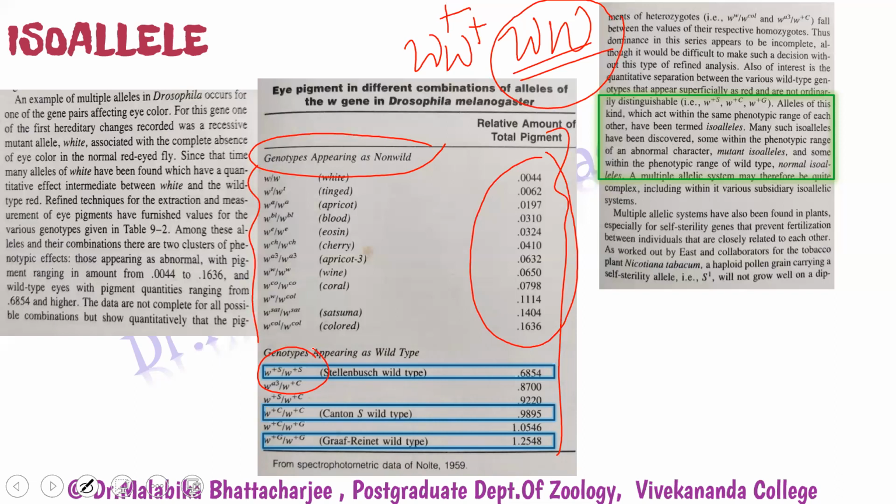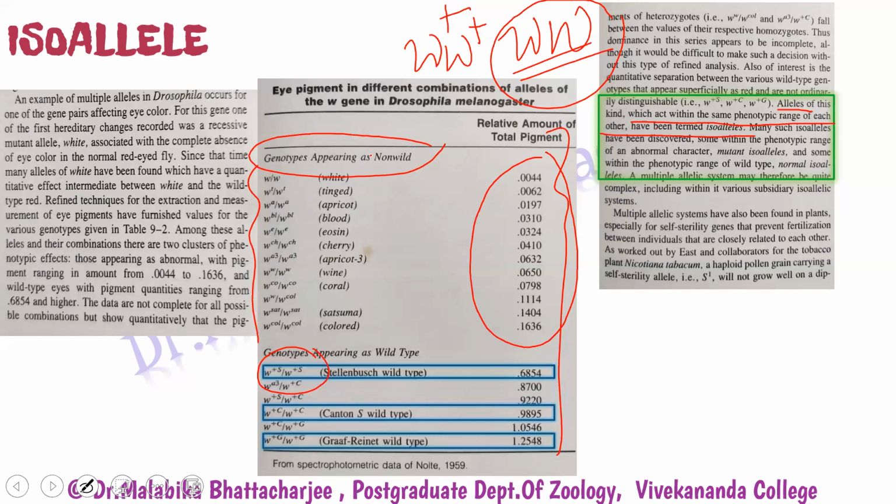So this is important. The alleles acting within the same phenotype range of each other are known as isoalleles. So the three blue boxes that have been highlighted here are isoalleles within the normal phenotypic range. Similarly, there are certain mutant phenotypes which also show white color, the recessive eye color trait.